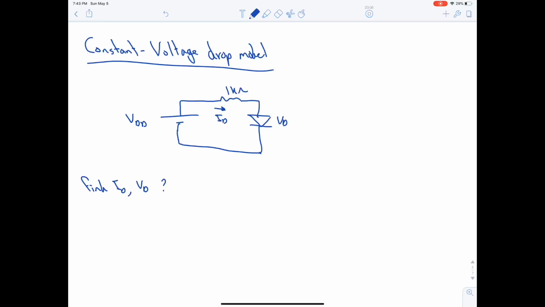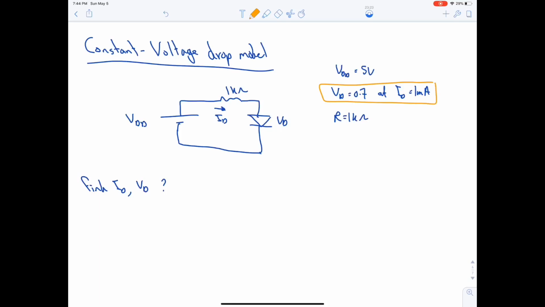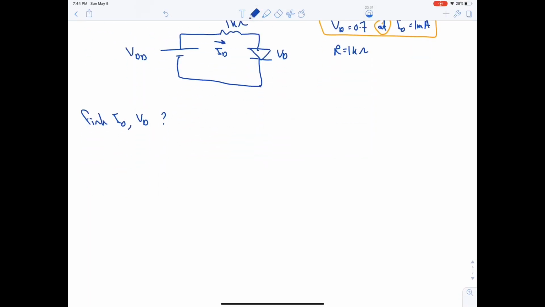Now we already know that VDD is equal to 5 volt, VD is equal to 0.7 at ID equal to 1 milliampere, and R is equal to 1 kilo ohm. As here you have an at, this is a sample and we have to use it only for calculating IS. What's ID now here? It's Ohm's law, right? VDD minus VD over R. What is VD? We are in the constant drop model, and the constant drop model says that the default value, which is 0.7, satisfies me.